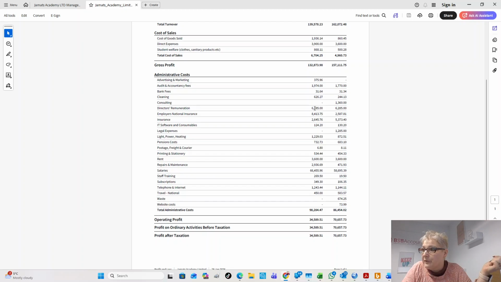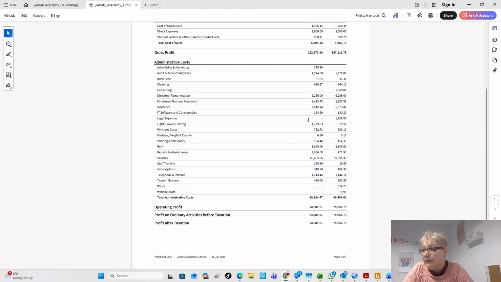And then you can also see all the others in a comparison. You see the employer's national insurance being a lot higher because of what we said about the employment allowance unfortunately running out a few months ago, so that's a lot higher from now on, unfortunately.